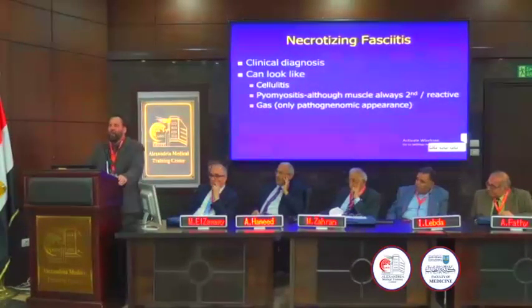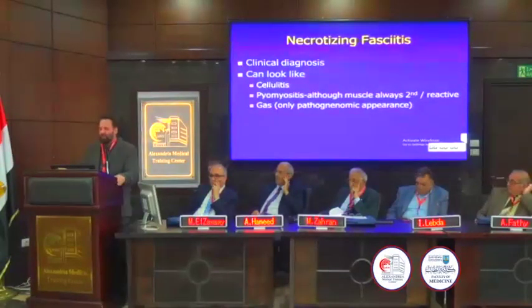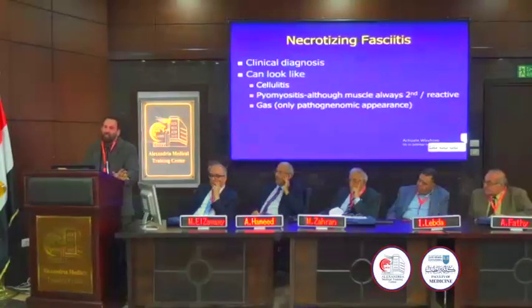Now, most of the time, it looks just like fasciitis and cellulitis, with 3 to 4 exceptions. One is if you see gas, which, to be honest, you hope you don't see because they usually die when you see gas. It's a good sign, but not good for the patient. Second, you'll see muscle involvement.